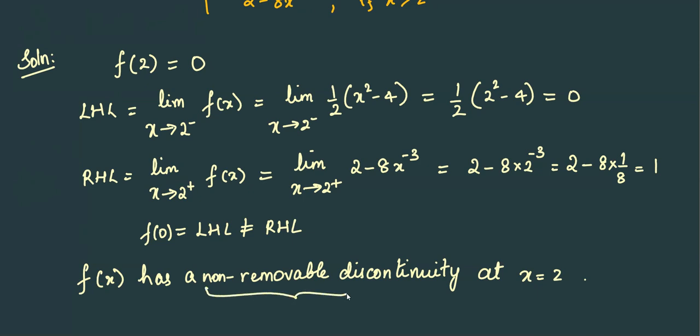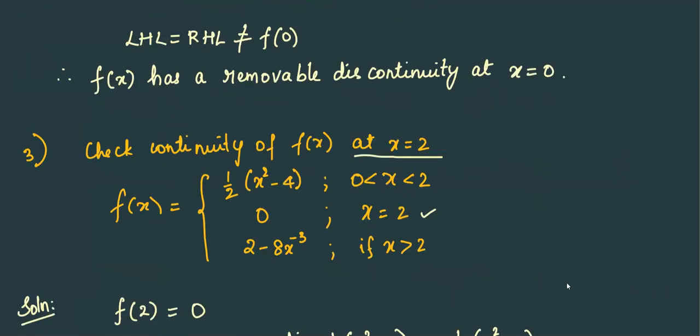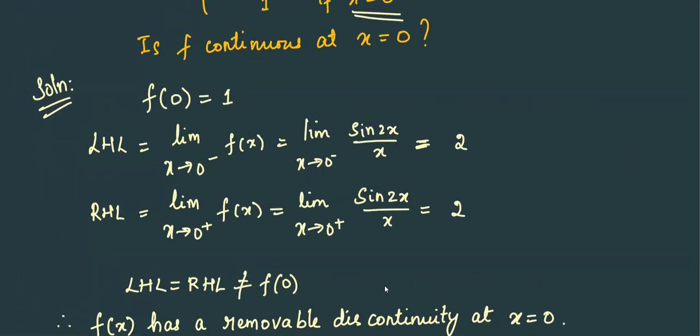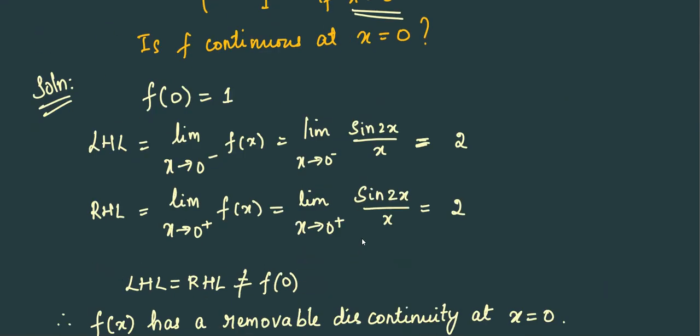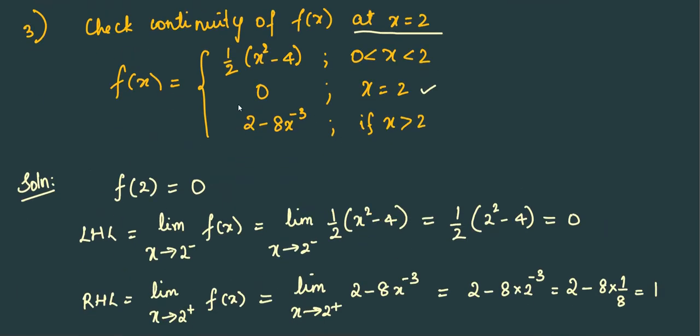But in the previous case, we considered sin 2x by x only for the left hand limit and right hand limit. Why? Because we did not have another function to consider. These are called piecewise defined functions. That means in different intervals, the function is defined by a different expression.